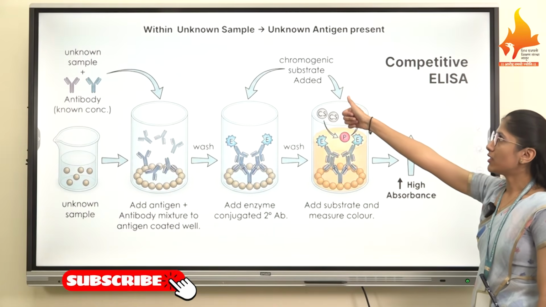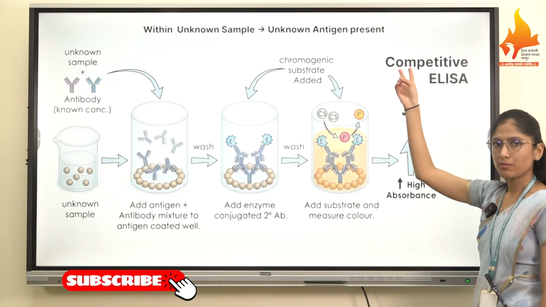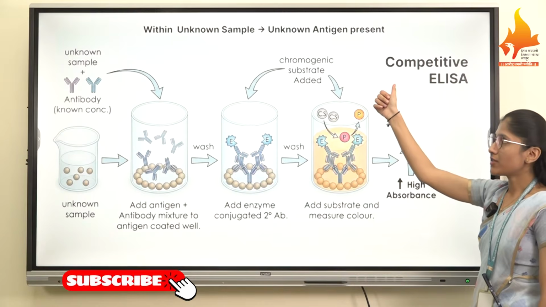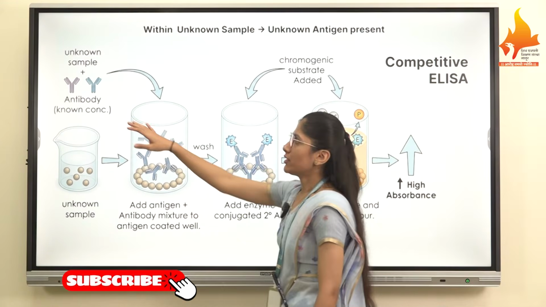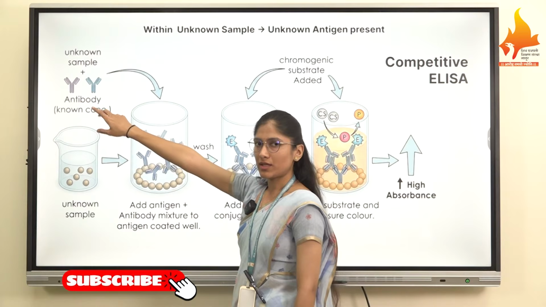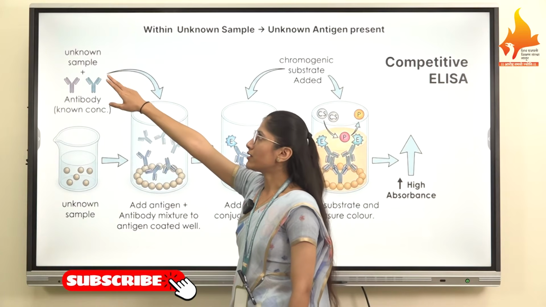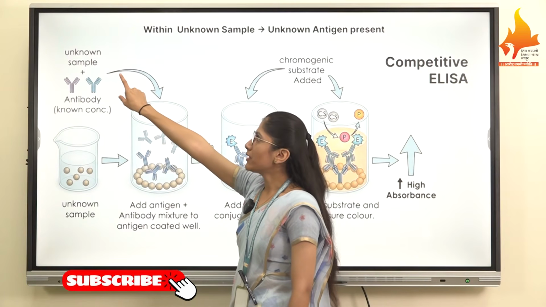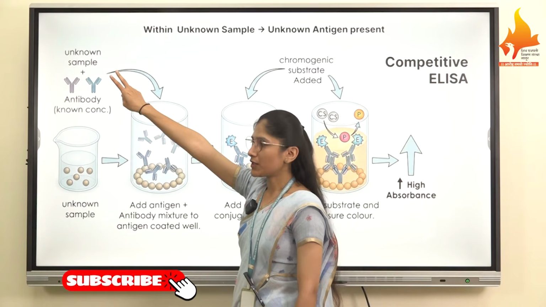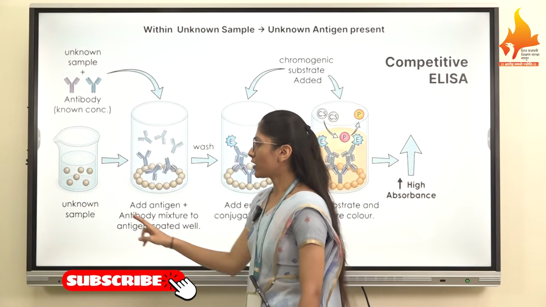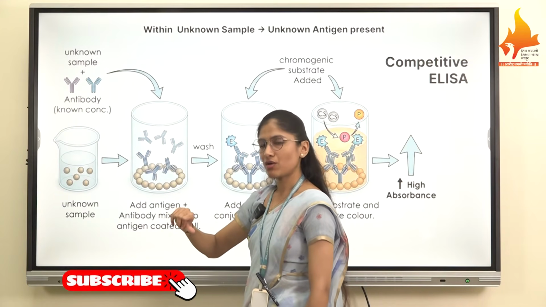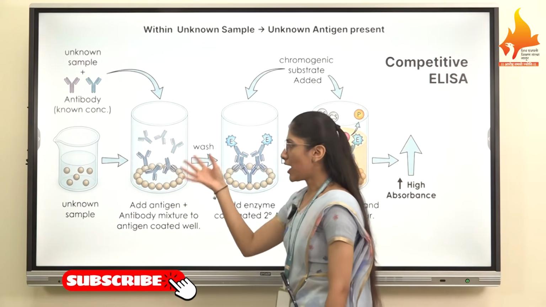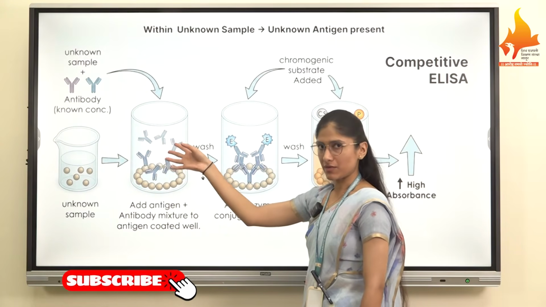within the unknown sample, unknown antigen is present. If unknown antigen is present in the unknown sample, then here there is the mixture of antibody, that is of known concentration, and in the unknown sample there is the antigen present. So this mixture of antigen and antibody is added to that microtiter well.